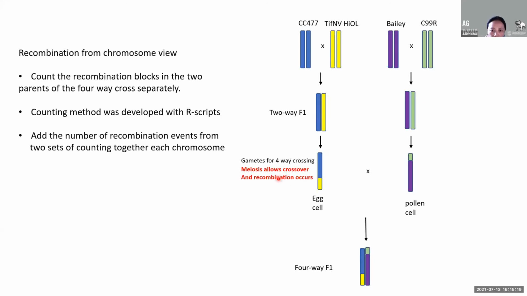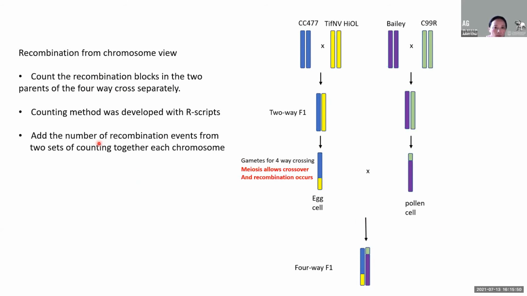Meiosis in this process introduced the recombination, and when the four-way F1 formed after fertilization, the recombined segments merged into the four-way F1 cell. With this concept, we determined to count the recombinant blocks in the two parents of the four-way cross separately, because two sets of recombination occurred when the egg cell and the pollen cell were formed.